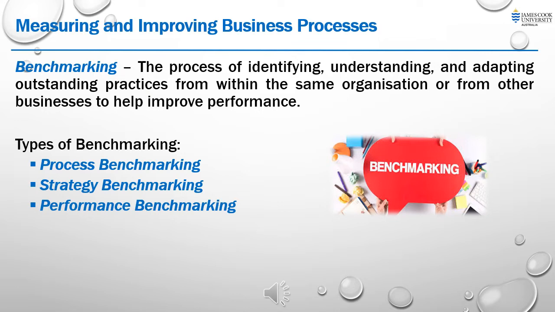This type of benchmarking involves comparing the organization's performance against other organizations in the same industry using key performance indicators (KPIs) such as revenue growth, profitability, customer satisfaction, and employee productivity. This can help identify areas where the organization is underperforming and provide a basis for setting performance targets that will enable the organization to improve its competitive position.